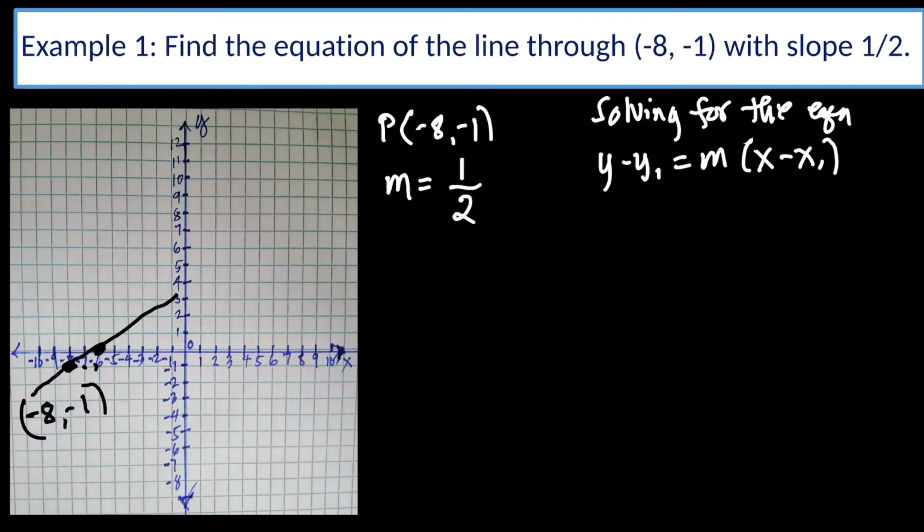We are given y sub 1, which is -1. So we can write this as y minus, -1, which is the y sub 1, equals, the slope is also given, which is 1/2. So we write 1/2 here, times x minus, our x sub 1 is -8.